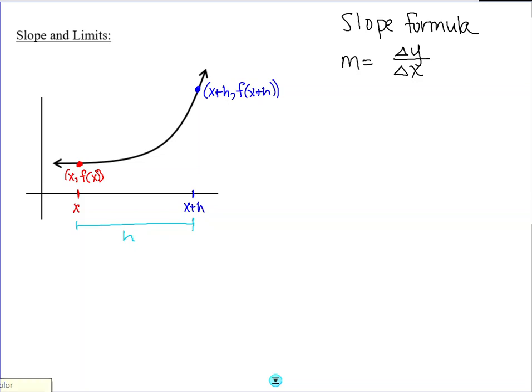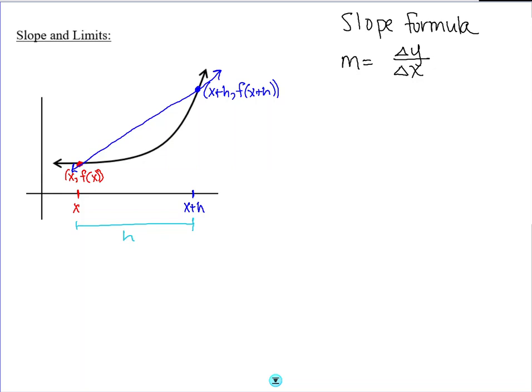Now, the line that goes through these 2 points is not a tangent line. It is actually called a secant line. But we're going to start here and we'll eventually get to a tangent line.